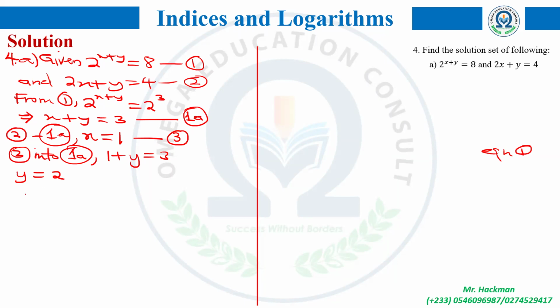Okay, so I'm going to have my conclusion drawn. Therefore, x is equal to 1 and y is equal to 2. Should that be my conclusion? No, remember we are finding the solution set. It's the same as the truth set, so your final answer must be in set form. When you have only one variable, you usually conclude by saying x is such that x is equal to its value.